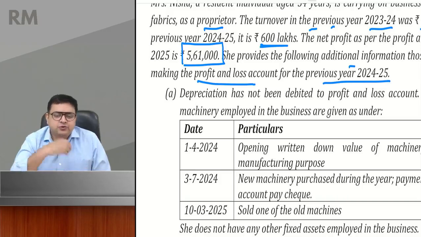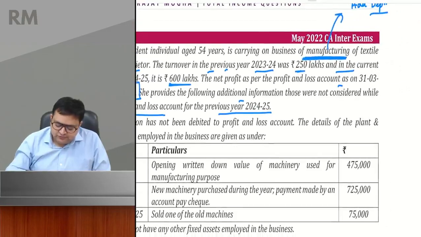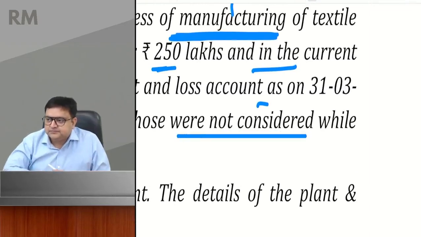So we have to incorporate that information, those particular transactions also. Understood? So we'll see what the information is, and if she has not considered it, whether it is impacting our PGBP or not.